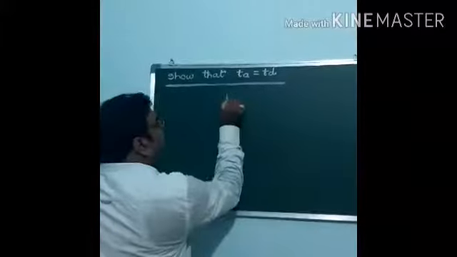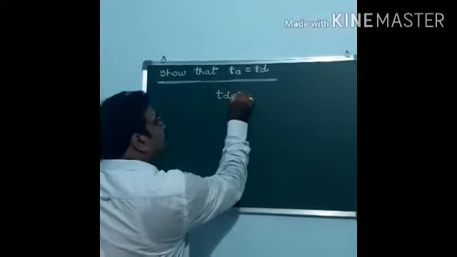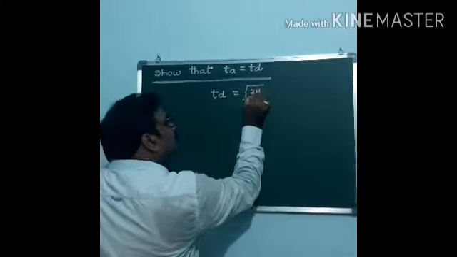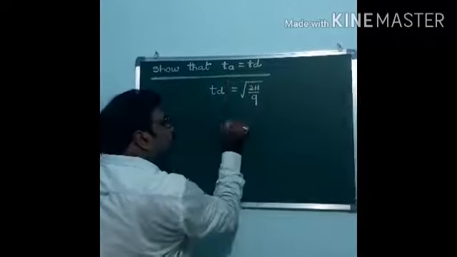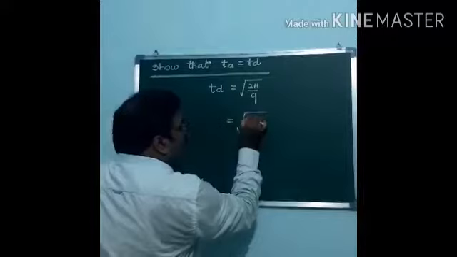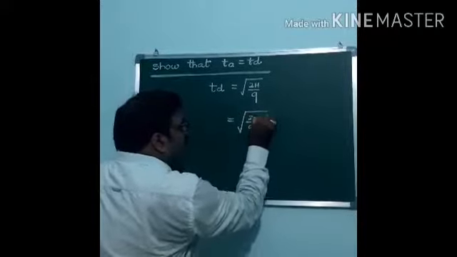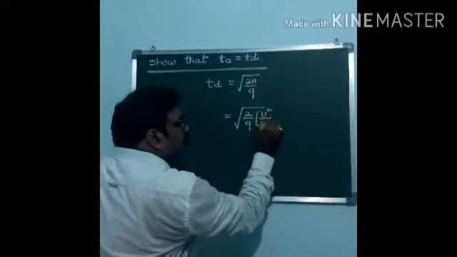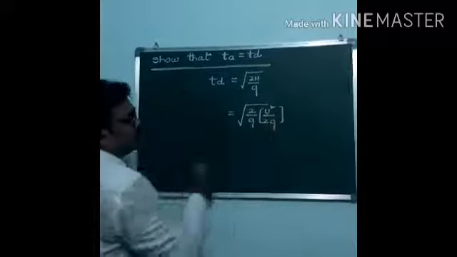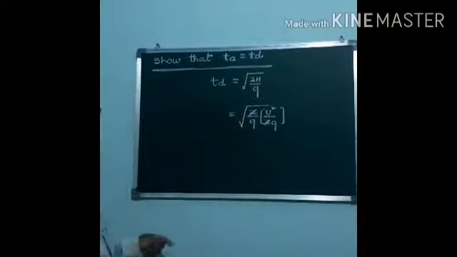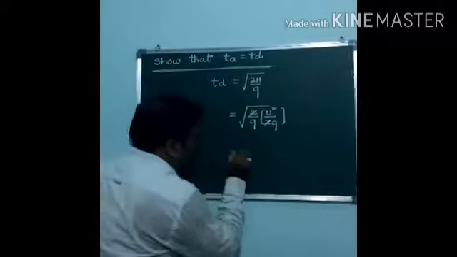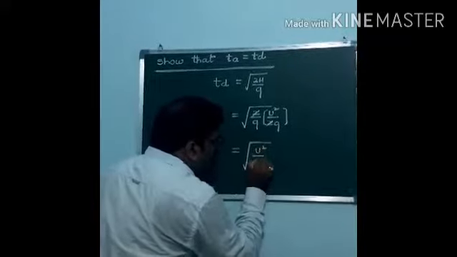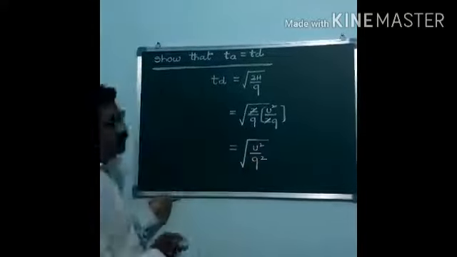Time of descent. What is the formula of time of descent? Square root of 2h by g. I am going to substitute the maximum height value. h means u square by 2g. The 2 cancels. And what are we having?